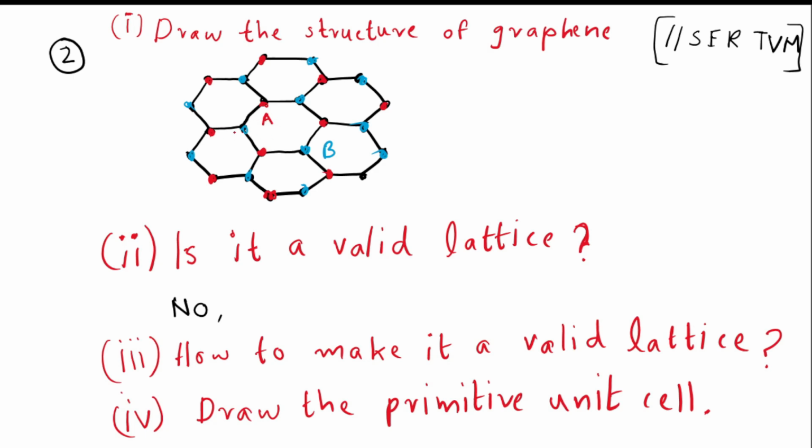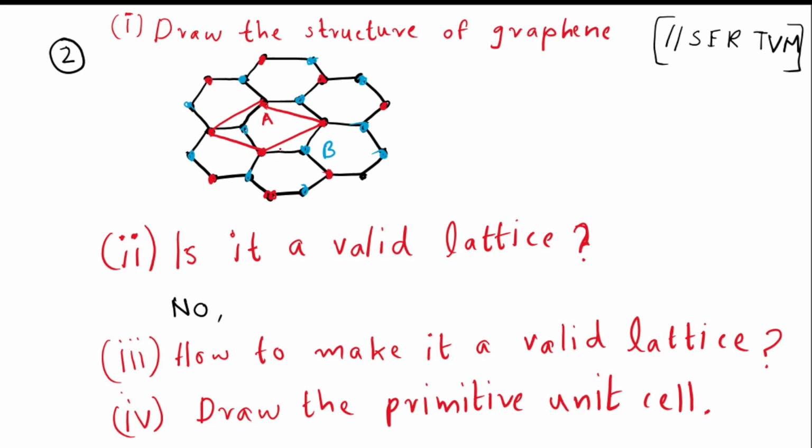It is the smallest repeating unit. So here we can draw it like this. So this is the primitive unit cell of the lattice.